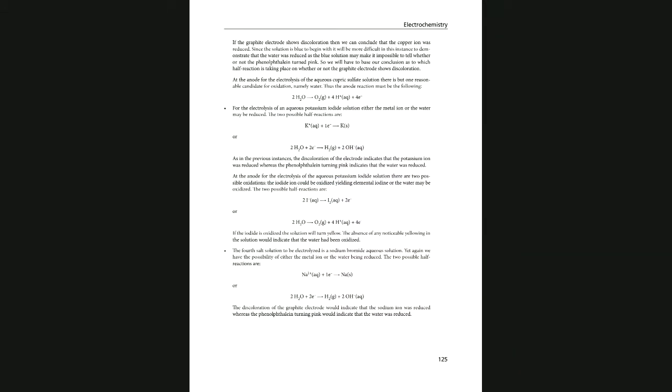After that, you're going to use the KI solution. For the KI solution, you have two choices, K plus or water to be reduced. Then you have a choice of I minus and H2O to be oxidized.